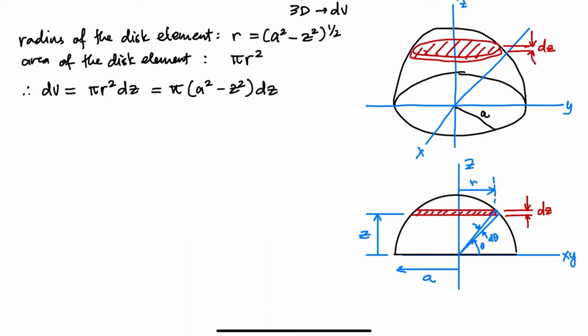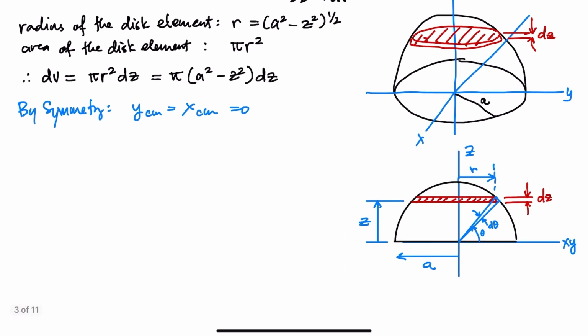Also, you will notice that by symmetry, the y and the x components of the center of mass will be equal to 0. That means we expect that the center of mass will be along the z-axis. Using this definition, we can now calculate the z component.